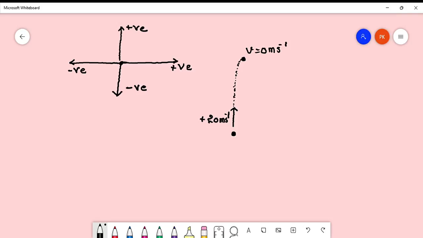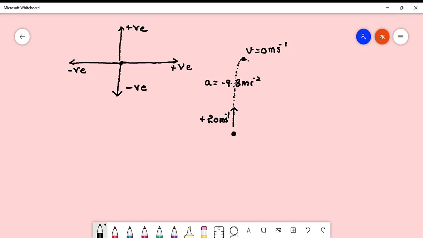That means as the object is traveling upwards, it is decelerating, and hence I will take a as negative 9.8, that is negative g meter per second square, for vertically upward motion.